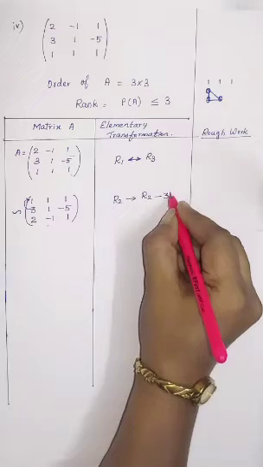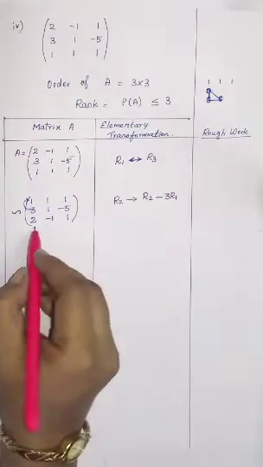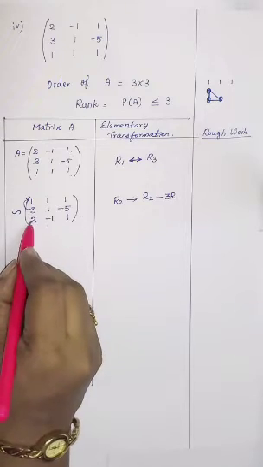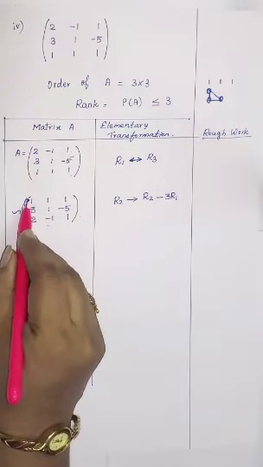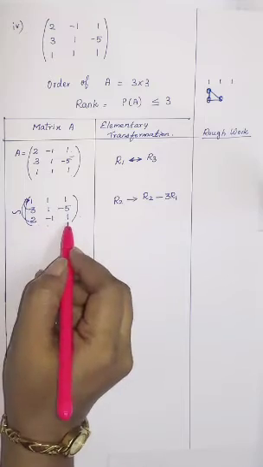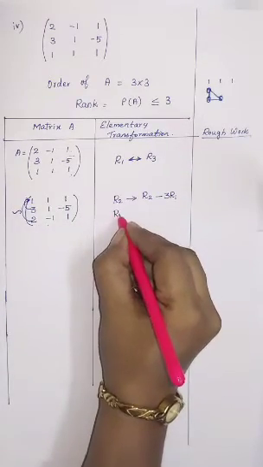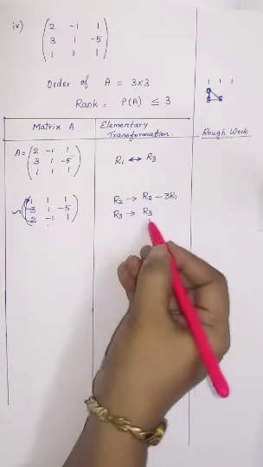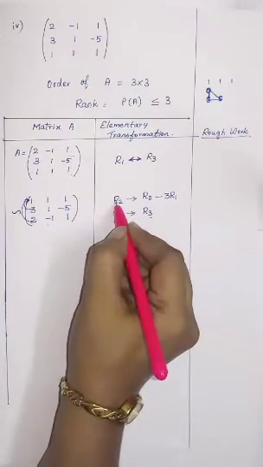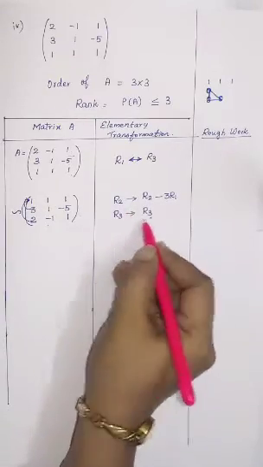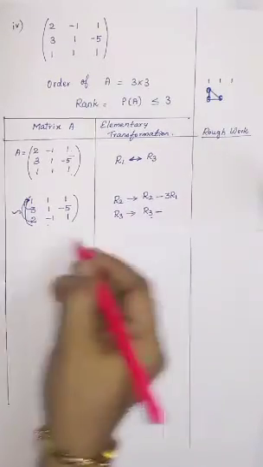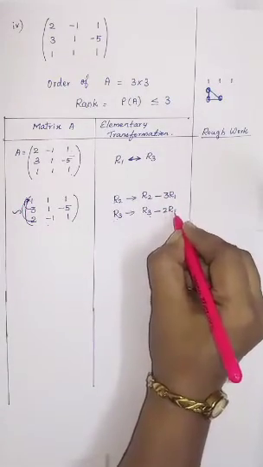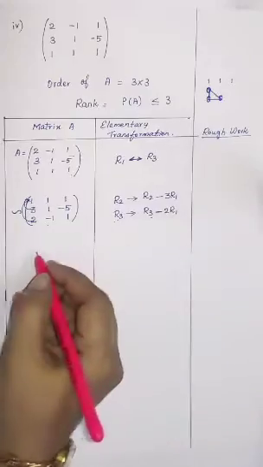Same way here, we need 0 over there, but we have got 2. This 2 has to be multiplied with row 1 and subtracted from R3. So R3 becomes R3 minus 2 R1. Whichever row you are starting with, the same row you start with here. I'll do both in the rough column and then get back the answer here.